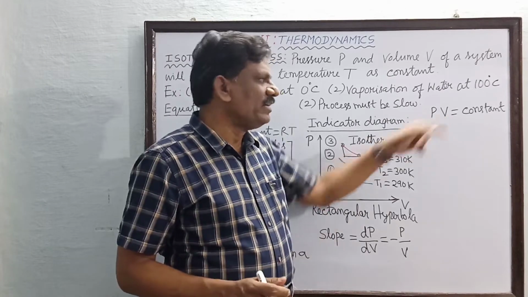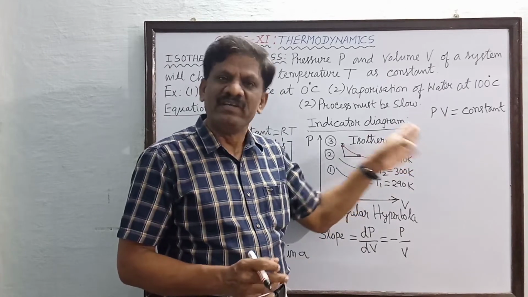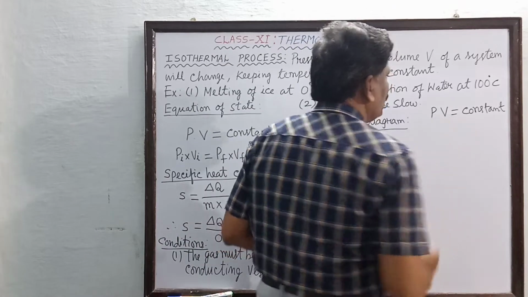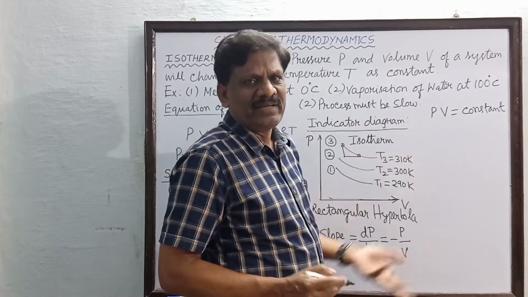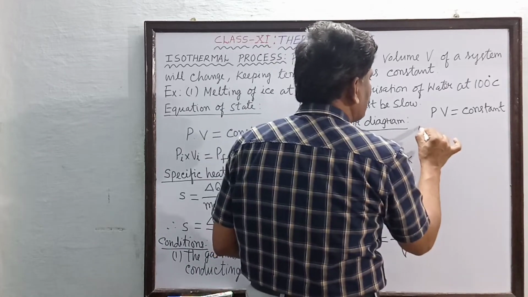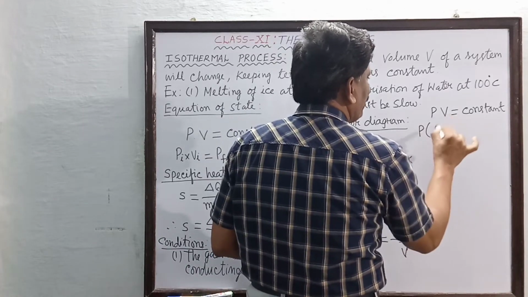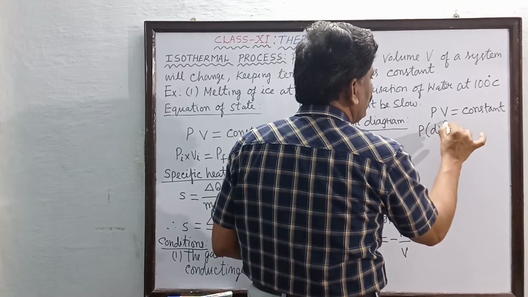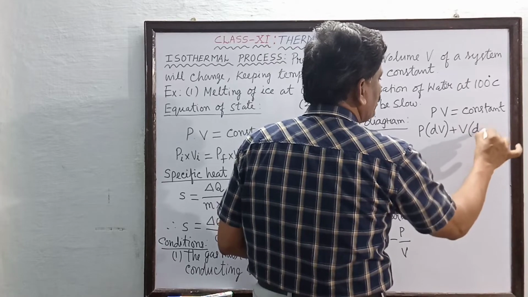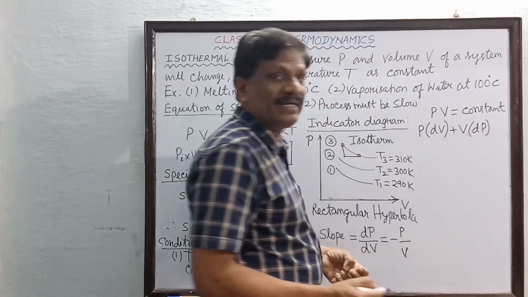Now I am going to differentiate this equation. Both the variables cannot be changing at the same time. So I keep P as constant and I differentiate the volume. It is P into dV. Plus, volume is kept constant and differentiating P, that is V dP.